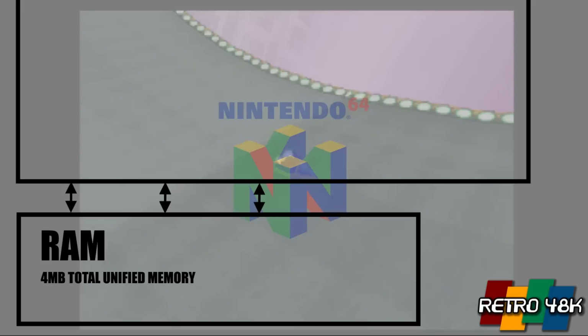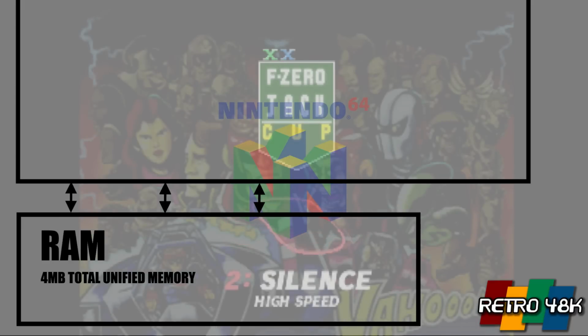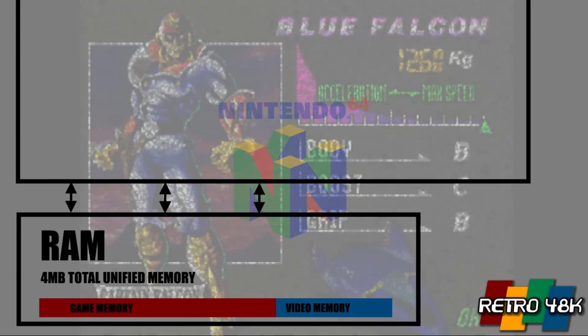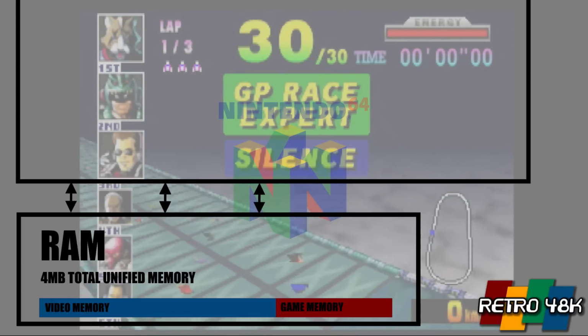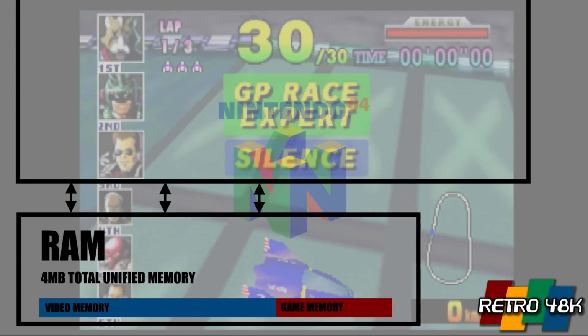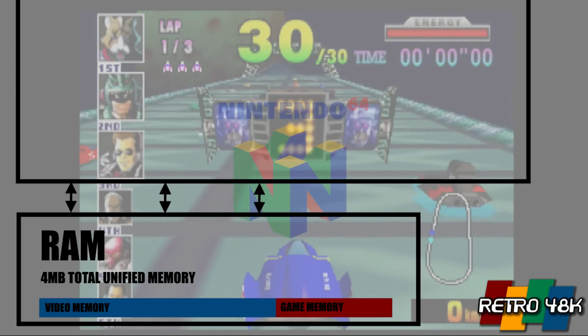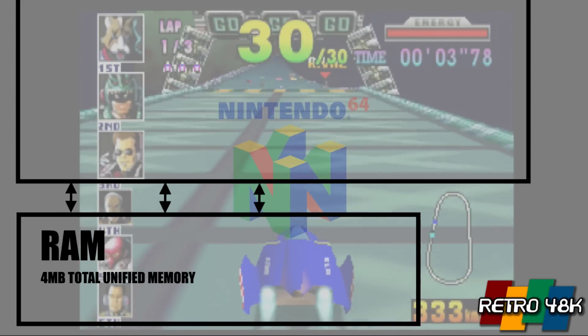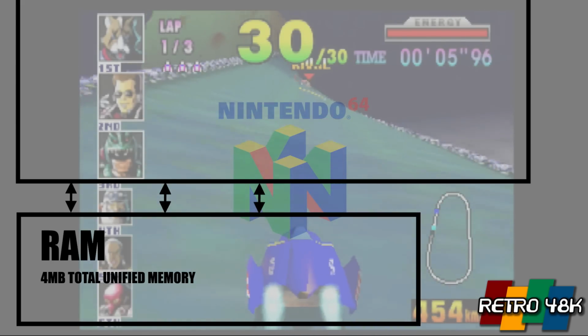It was one big lump, and developers could do with it what they wanted. If you wanted a ton for the game but not much video memory, you could do that, or vice versa. It was entirely up to the developer, which gave them a lot of freedom, but also came with a cost. You had to balance that yourself, and it was actually really forward thinking, because this is a model that the PlayStation 4 and Xbox One also followed, with unified memory.